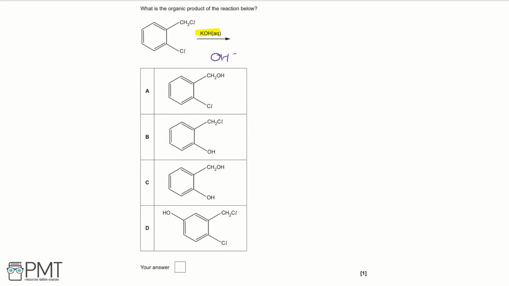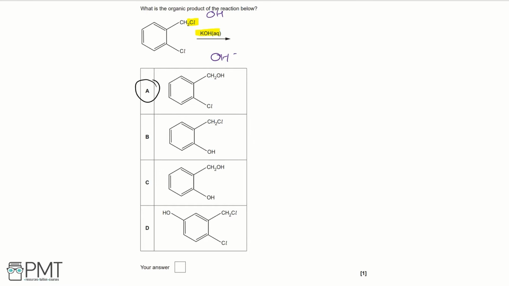CH2Cl group. Nucleophilic substitution is when an electron-rich nucleophile attacks a positively charged electrophile to replace a leaving group. So what we're going to do is replace the Cl on our side chain with an OH group. And the only product that we've been given in our options that shows this is A. So A is showing that the Cl is being replaced with an OH group.